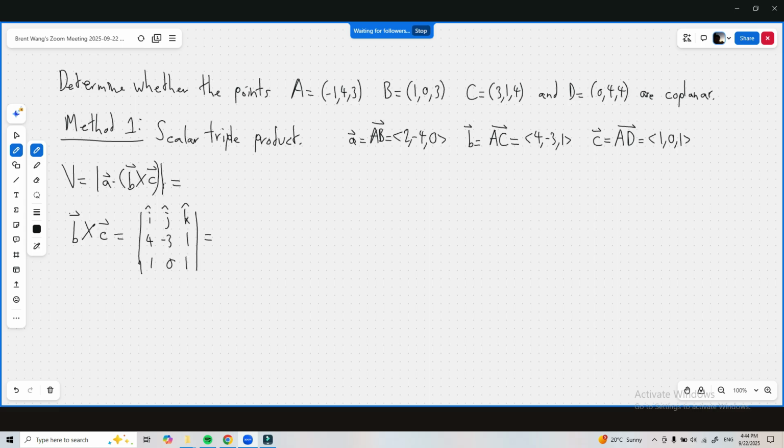And this is equal to I hat times (-3, 1, 0, 1), minus J hat times (4, 1, 1, 1), plus K hat times (4, -3, 1, 0).